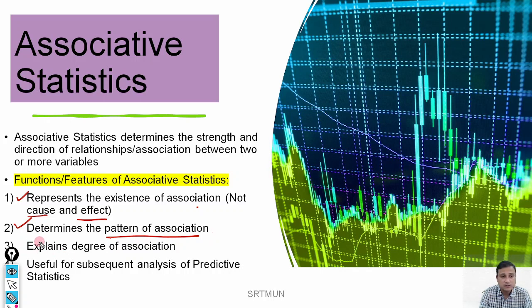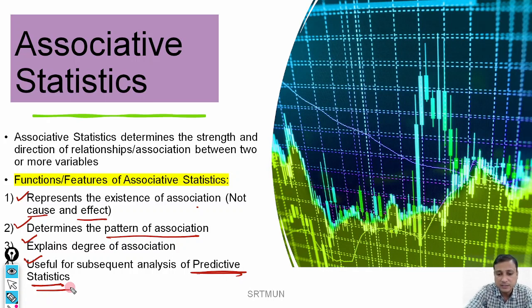It explains the degree of association, whether strong or weak. It is useful for subsequent predictive analysis, so this is the base for predictive statistics, the meaning of which we are going to see soon.